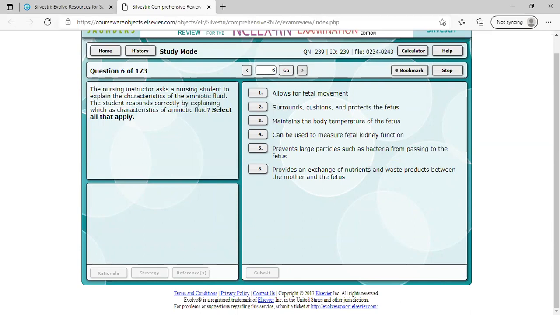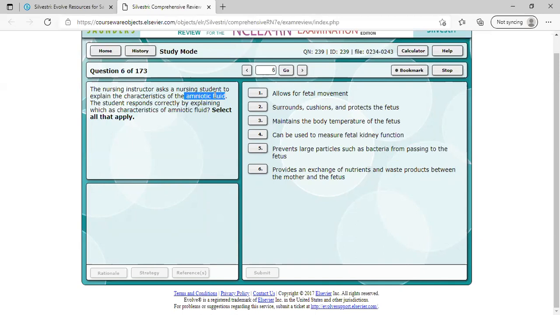The nursing instructor asked a nursing student to explain the characteristics of amniotic fluid, right? So amniotic fluid protects our baby. It acts as a shock absorber, right?